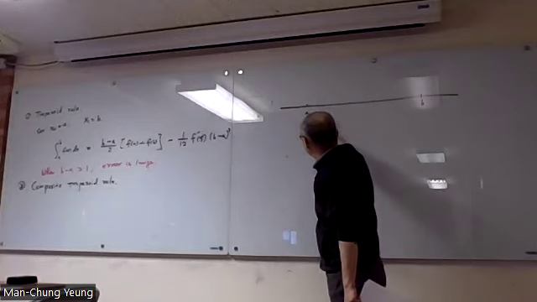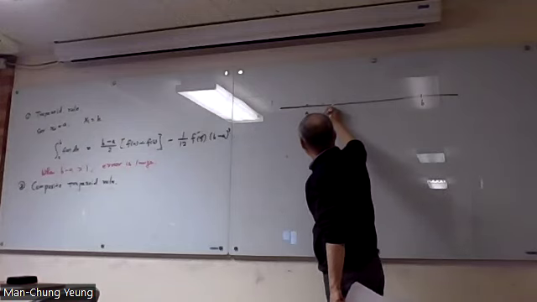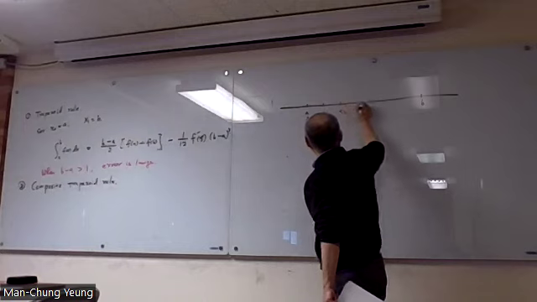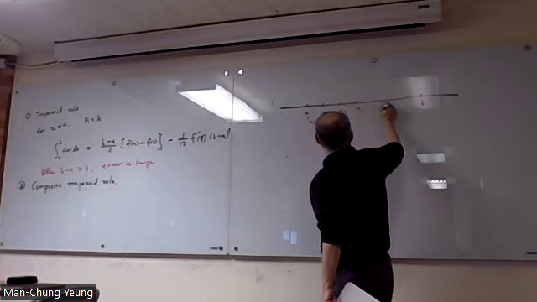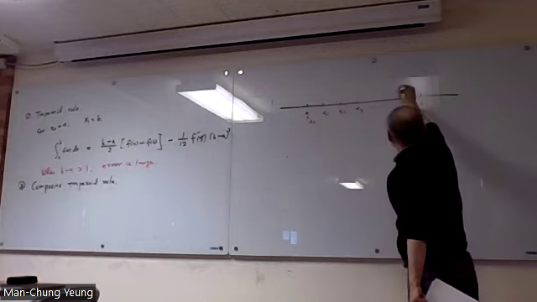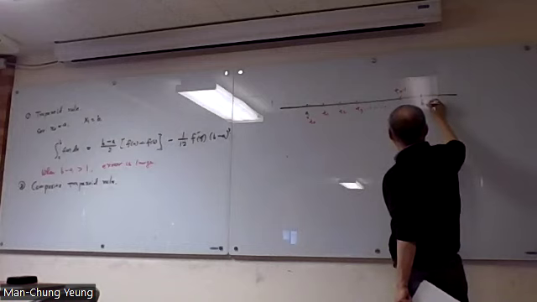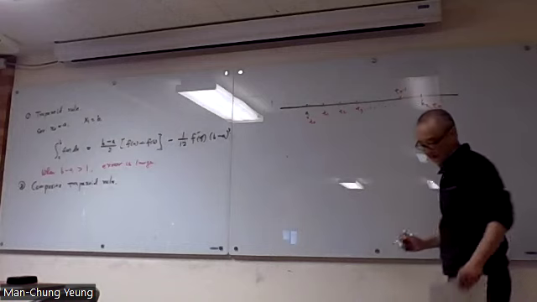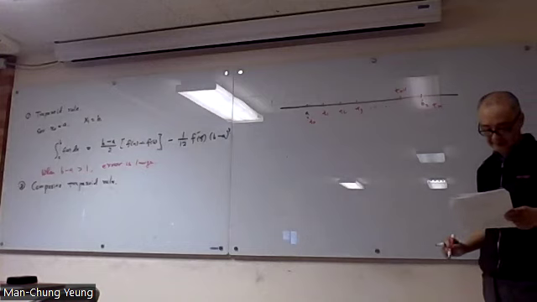Let me call the points A equals T0, then T1, T2, T3, up to Tn minus 1, and B equals Tn.